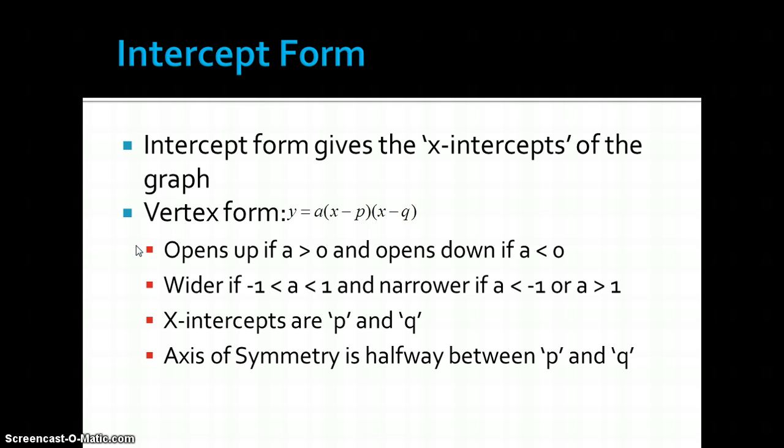The new information here, the x-intercepts are p and q. Again, opposite. The axis of symmetry is halfway between p and q. That's something we'll need to use here in our next example.